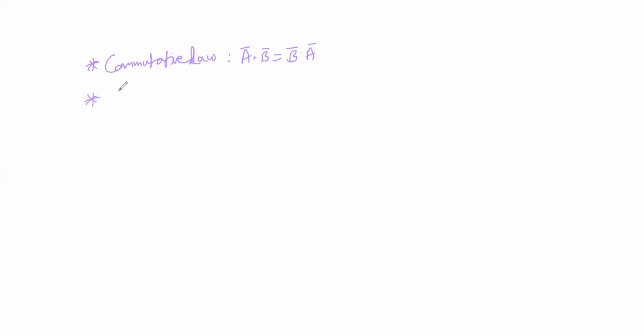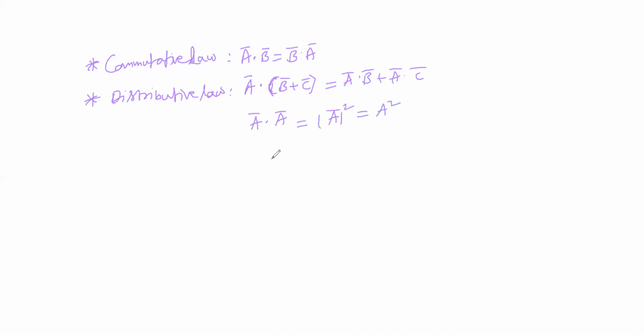The second law it obeys is the distributive law: A bar dot (B bar plus C bar) equals A bar dot B bar plus A bar dot C bar. For the same vector, A bar dot A bar is the modulus of A squared, so you can simply write A squared. These are the two laws obeyed by the scalar product or dot product.